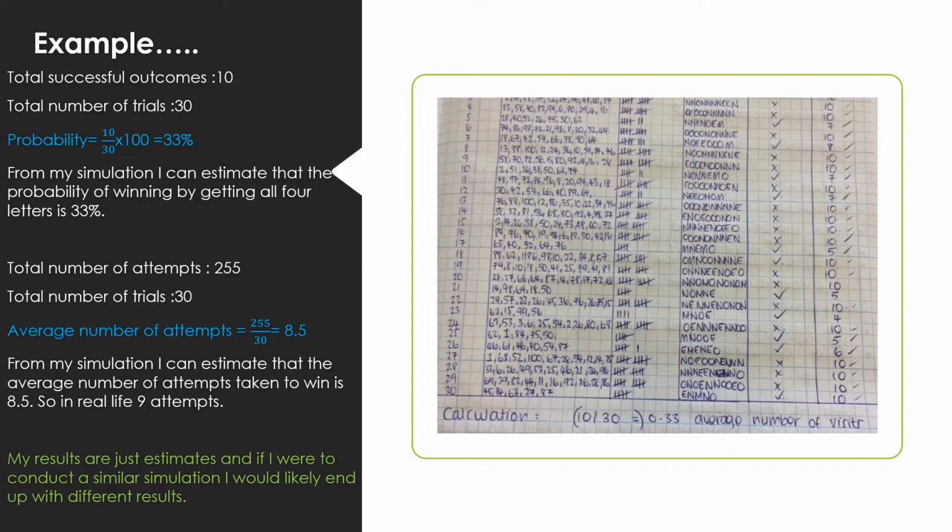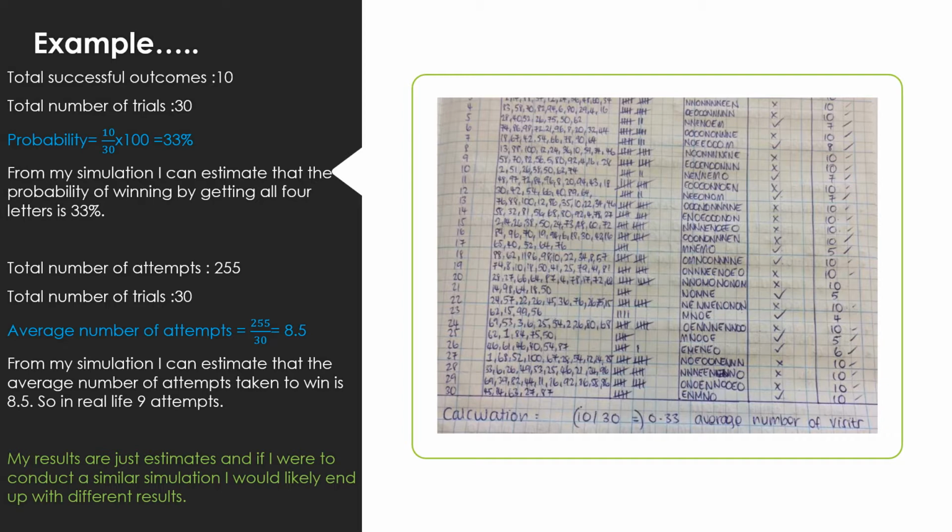The total number of attempts, adding up all of the numbers in that far right hand column, came to 255. You divide that by 30, the number of trials you did, and you get 8.5. You might write that as a statement: from my simulation I can estimate that the average number of attempts taken to win is 8.5, so in real life that's 9 attempts.